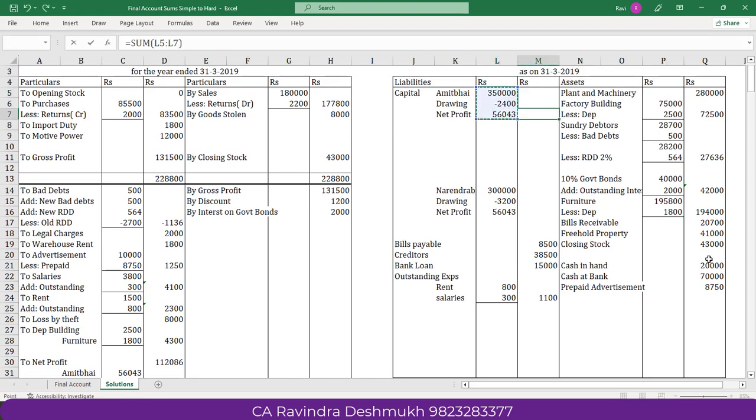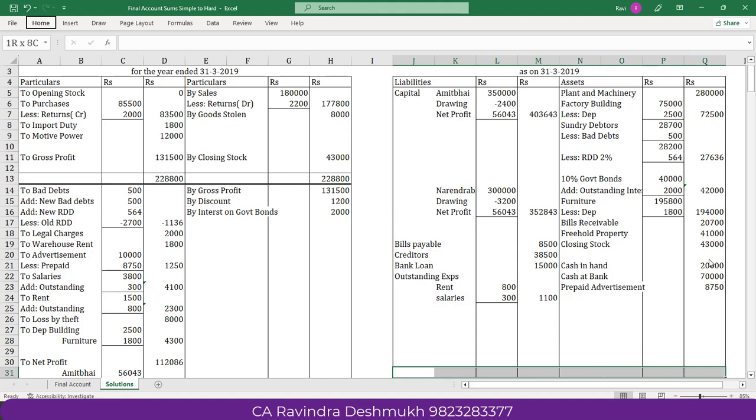Now taking this total in the outer column of both the partners, and now the last step: hopefully, if we have done everything correctly, our total of liabilities and assets will match.